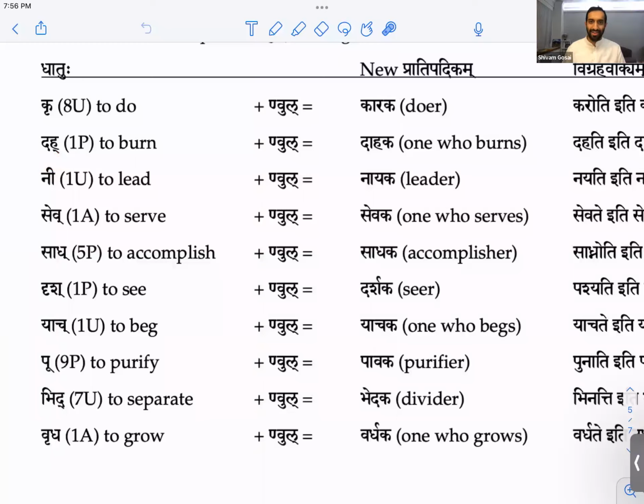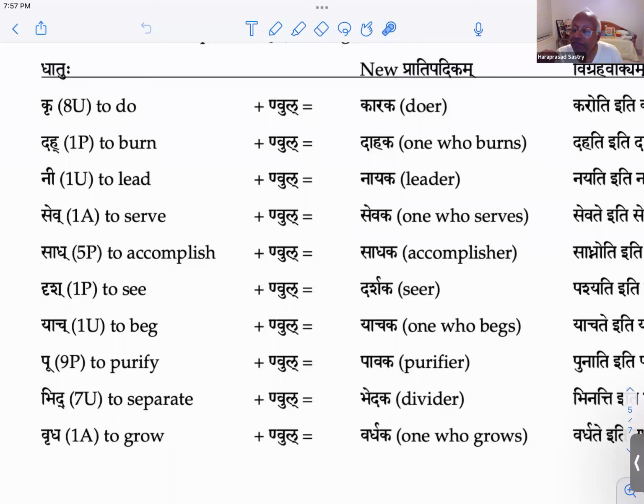Daha. Yeah, correct. The visarga would be daha with an extra breath. Yeah, that's true. Perfect.